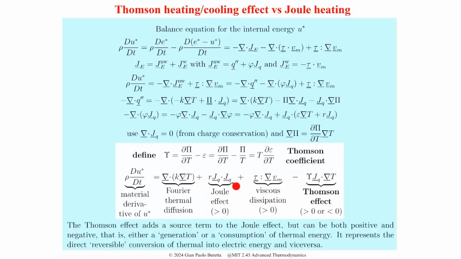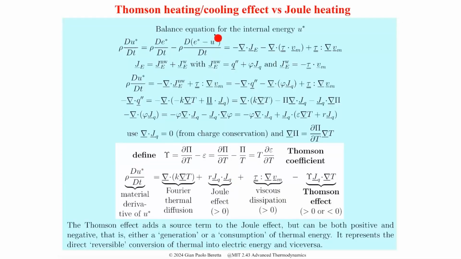Then you have this term here. This term here is the Joule effect. This is like a source term. In heat transfer, you would put it as a Q triple prime. So it's a source term of thermal energy. And actually, it's electrical energy that gets dissipated into thermal energy via the Joule effect.